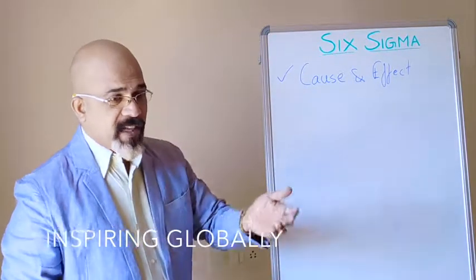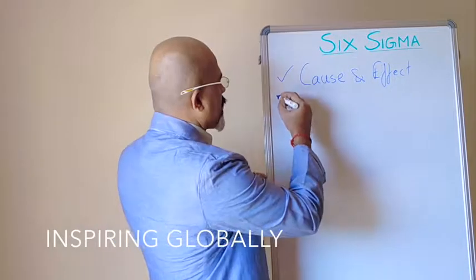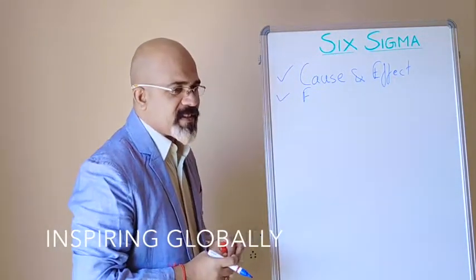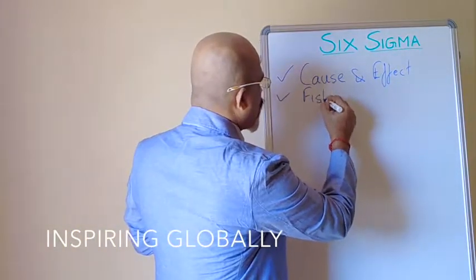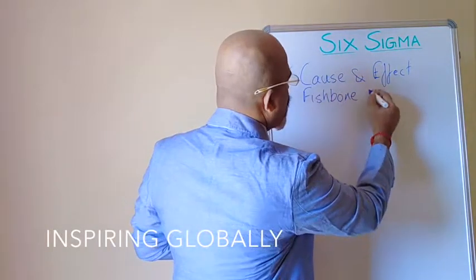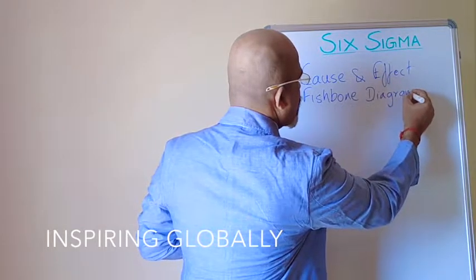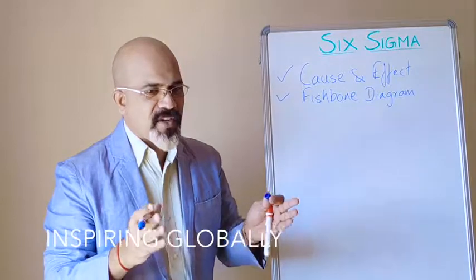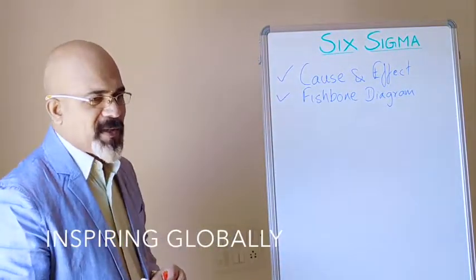And there is another name for cause and effect diagram. Anybody knows what it is? Exactly, fishbone diagram. Why? Because it looks like a fishbone. So, yeah, we will draw it right here, trying to look like a fishbone.